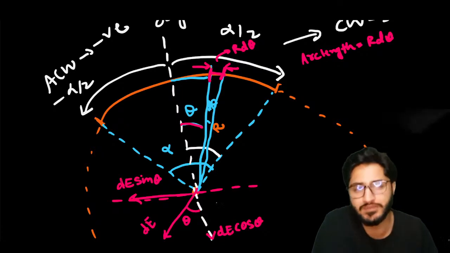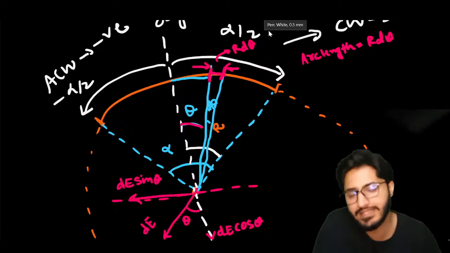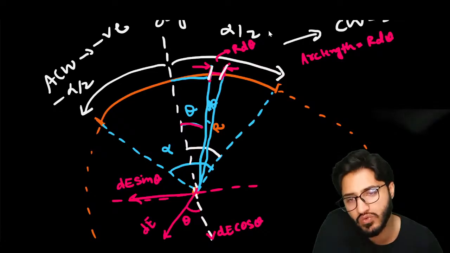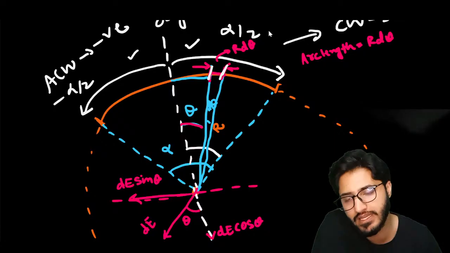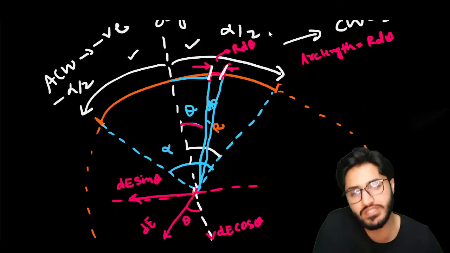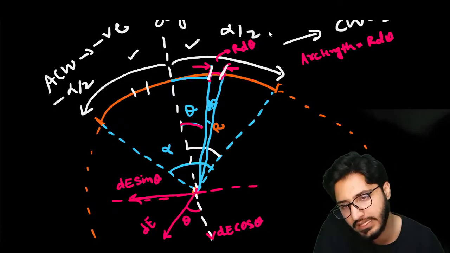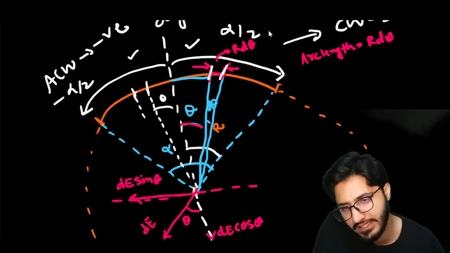Now look here. If these two, this one and this one, are symmetrical to each other, let us take one more element. Take a small element of d theta here.